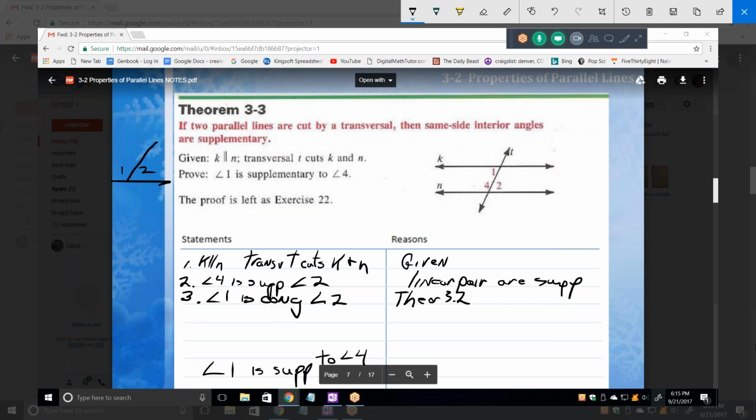Actually, I don't think I should put the theorem even. Let's cross that out. Alternate interior angles are congruent. We don't need the theorem, we just need to state what the rule is: alternate interior angles are always congruent as long as two lines are parallel. Okay.